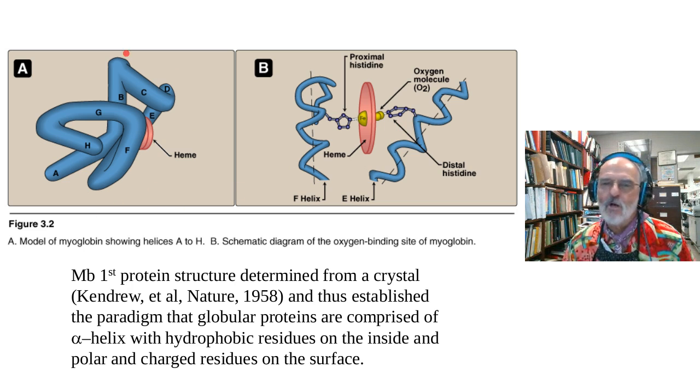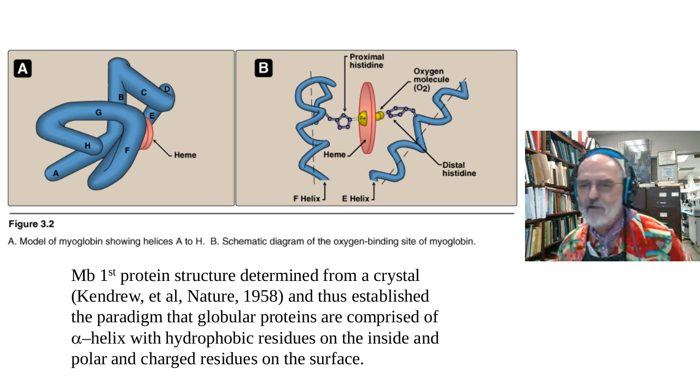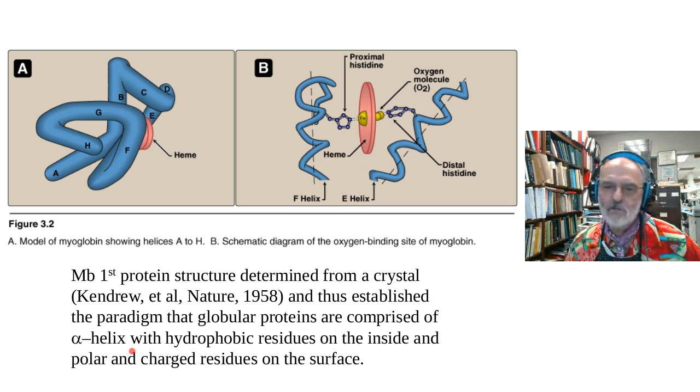So one thing that came out of this early structure, in the late 50s, was a prediction or a paradigm that globular proteins would be 100% alpha helical. You now know that's not true, but this was the only structure in the world, so maybe it was going to be true.